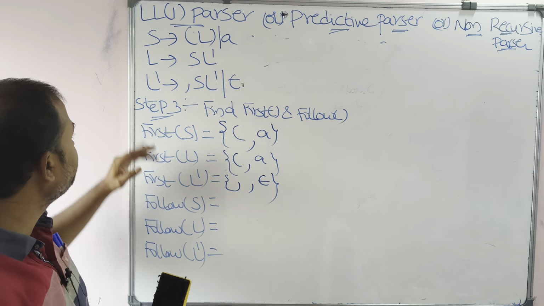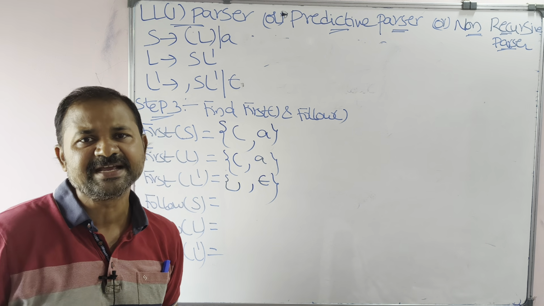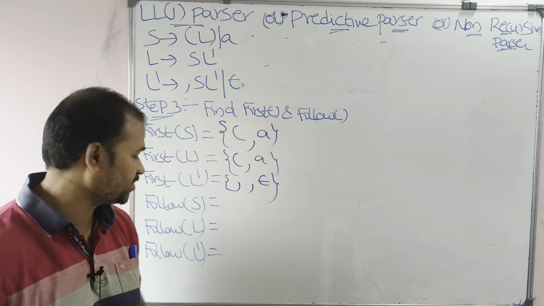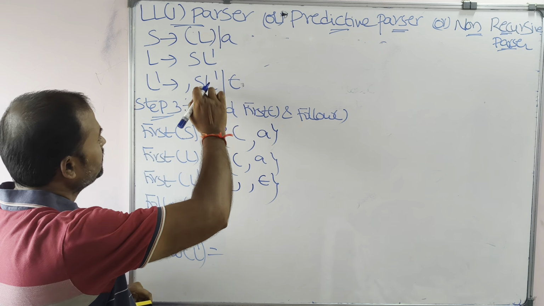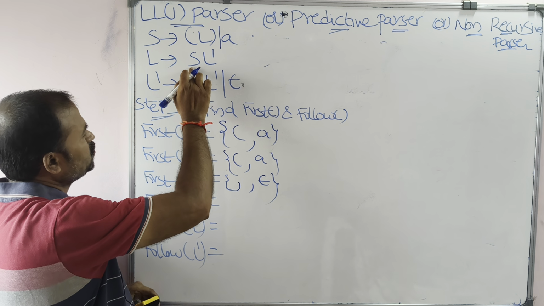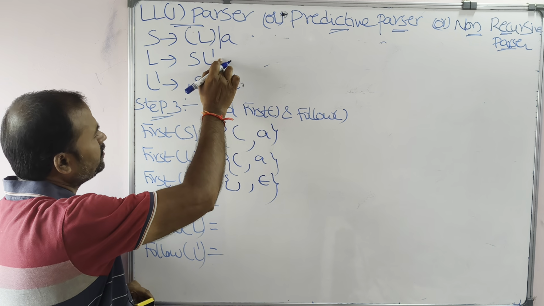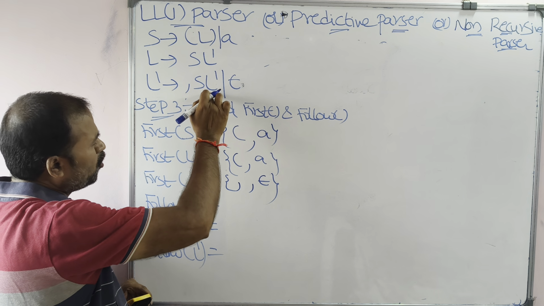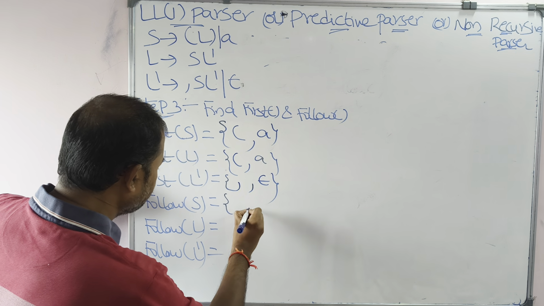Now let's calculate follow for S, L, L dash. While calculating the follow, we always check the right hand side of productions. So where is S in the right hand side? Here we have S, and here also we have S. Follow of S means first of L dash, since L dash is a non-terminal. What is first of L dash?